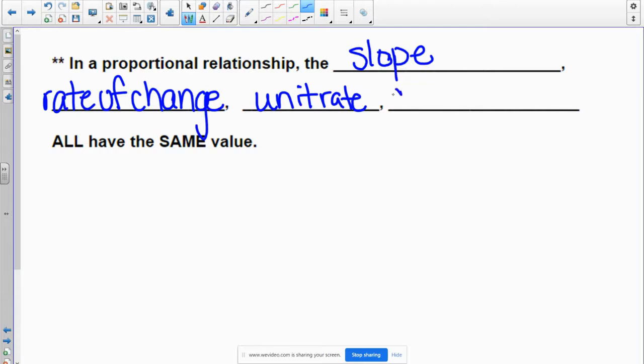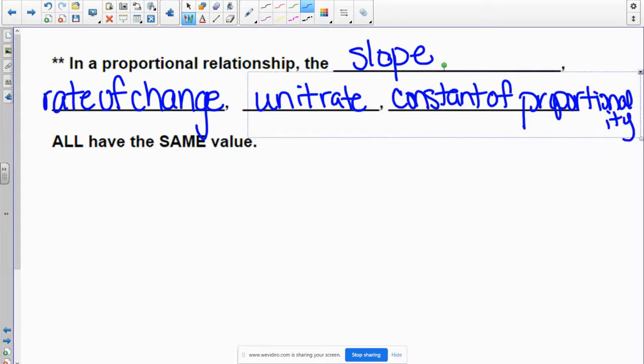And you've also probably heard of it as the constant of proportionality. So in a proportional relationship, the slope, the rate of change, the unit rate, and the constant of proportionality all have the same value. And that's what we're going to prove here with this example.